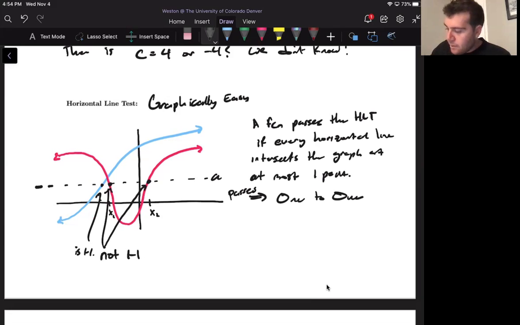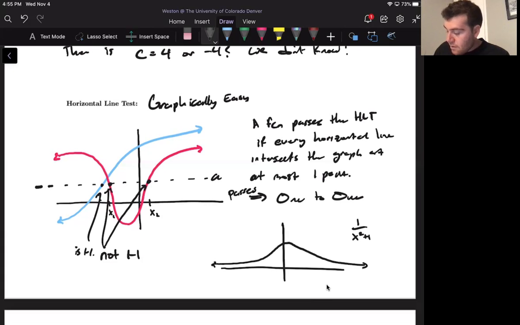And a little note on why we say at most 1 point. If we had the graph of 1 over x squared plus 1, it could look something like this. I guess this one's still not one-to-one, but what's happening is that we could have some values up here that never get hit, and that's actually fine for a one-to-one function.